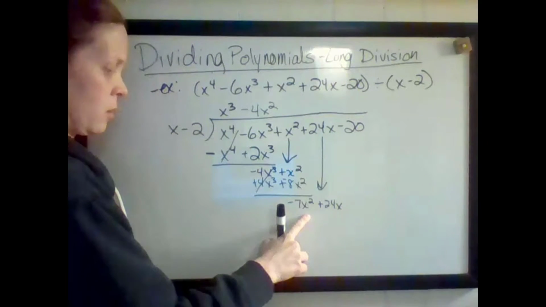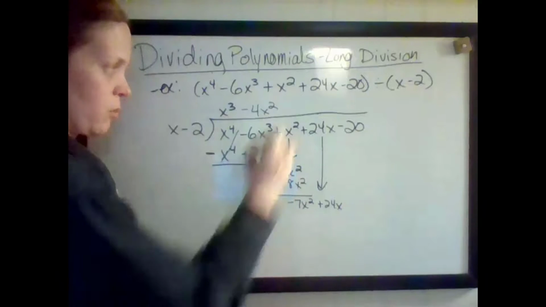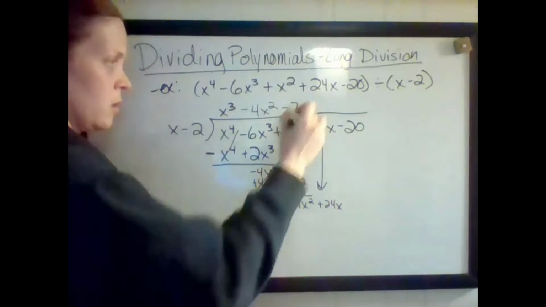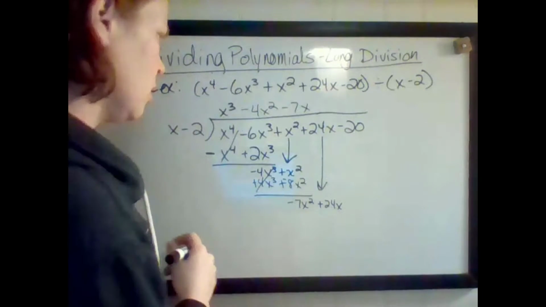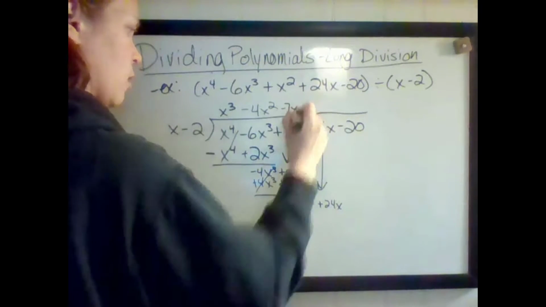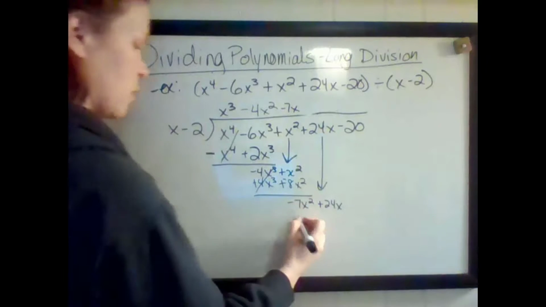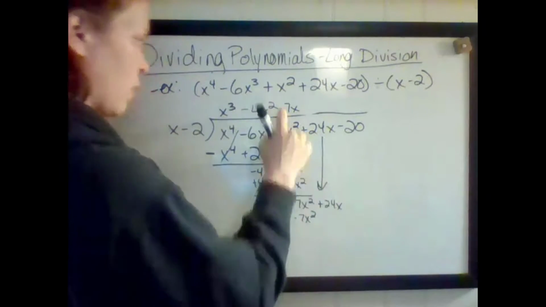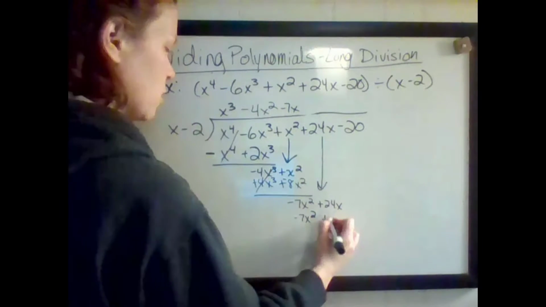So now, x times what's going to get us negative 7x squared? Minus 7x. Oh, and let's make sure I'm lined up. Minus 7x. So minus 7x times x, minus 7x squared, minus 7x times minus 2 is a plus 14x.